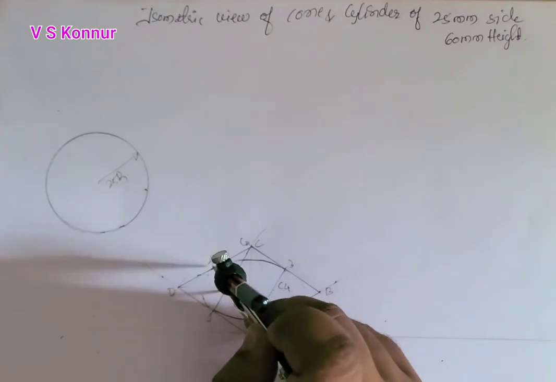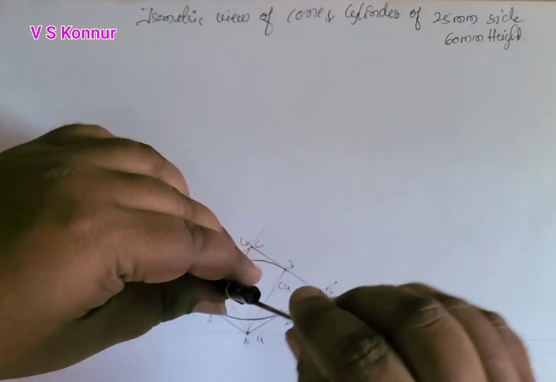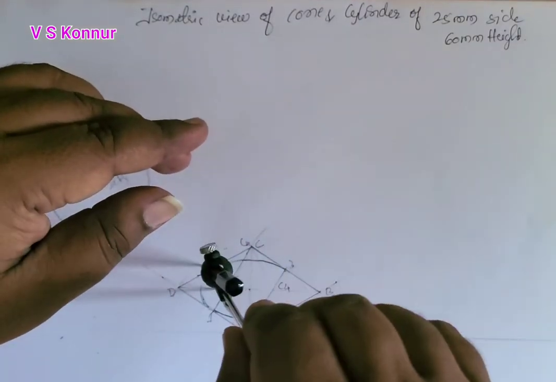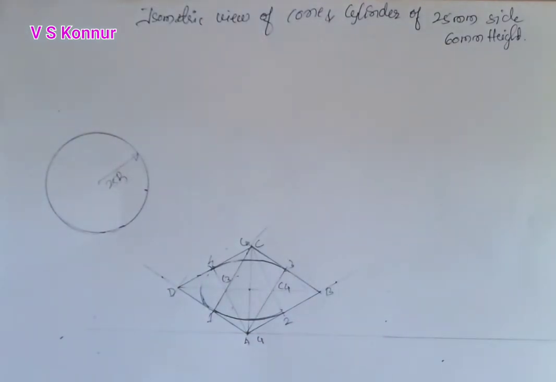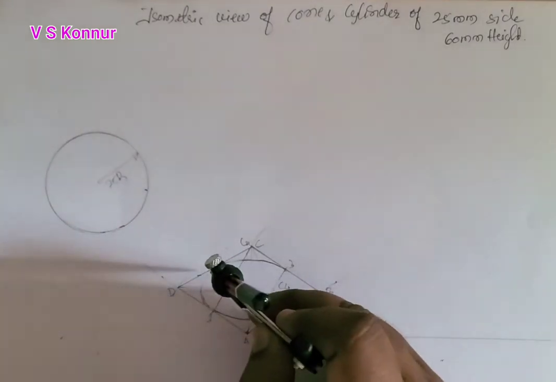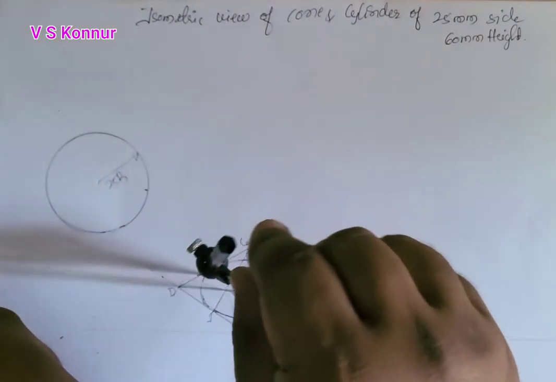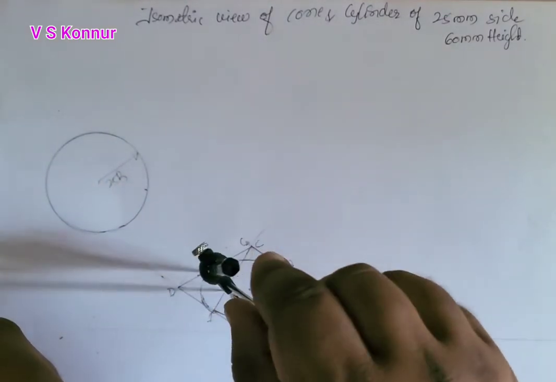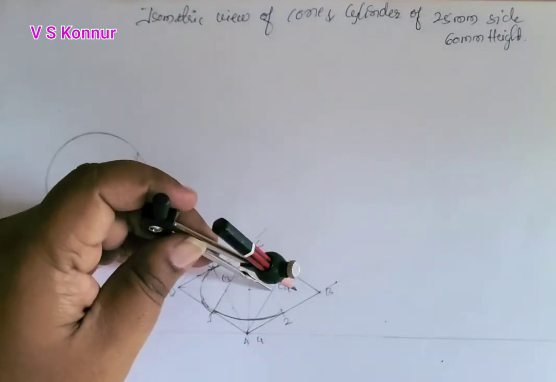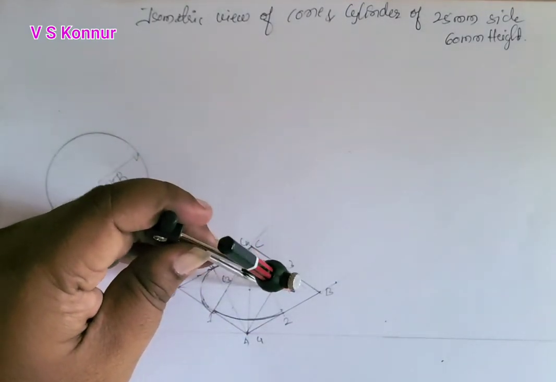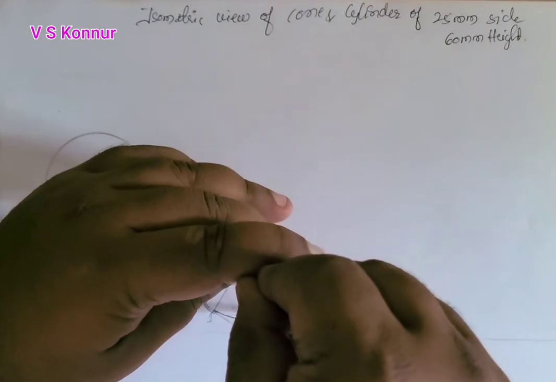Make the adjustment of your divider to draw the arc, because it's a small distance. And then the other side, the distance will be the same.